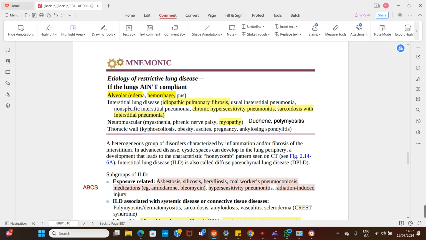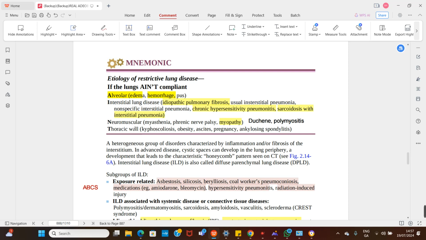Then the I for the interstitial lung disease. So just think about anything that can cause fibrosis of the lungs. Idiopathic pulmonary fibrosis, interstitial pneumonia, hypersensitivity pneumonitis, sarcoidosis, a lot of them. People with asbestosis, silicosis, all of them, interstitial lung disease. Then the N for the neuromuscular.